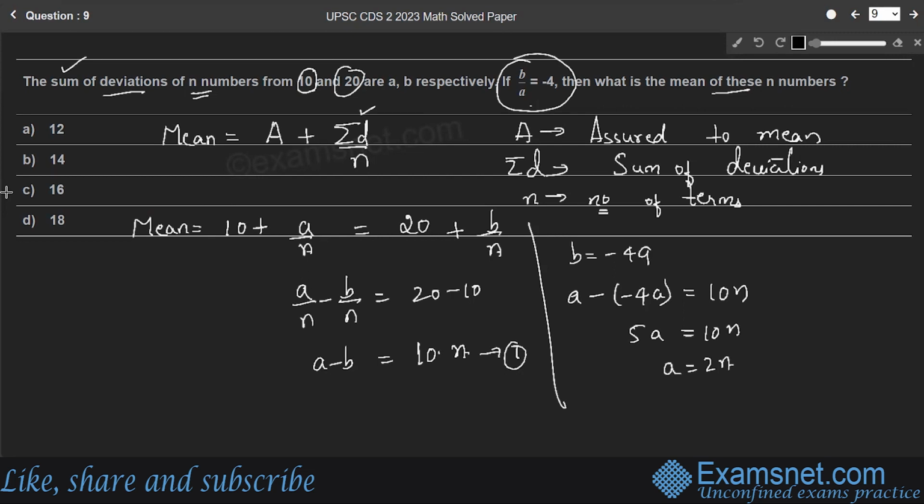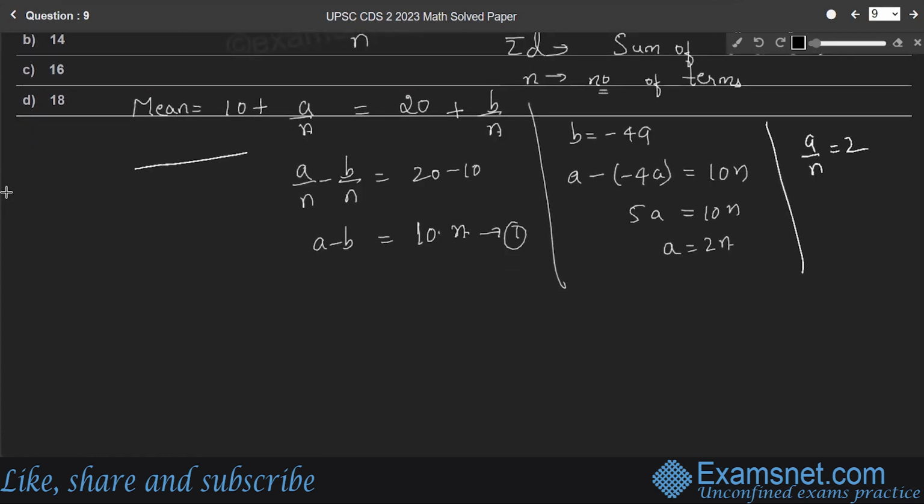So then mean becomes, or a by n can also be taken. A by n becomes 2, right? Therefore, mean becomes 10 plus a by n, which is 2.